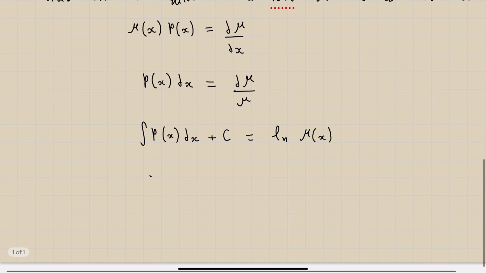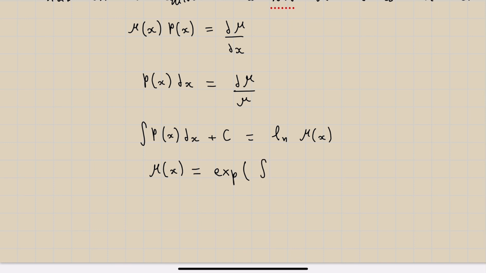If we exponentiate, we get that mu(x) is equal to the exponential of the integral of p(x) dx plus c. c can be arbitrary. One can take it to be 0 as well, but I will leave it because sometimes you might want to write the integral of p(x) dx in a nicer form. But usually it's set to 0. So this is mu(x).